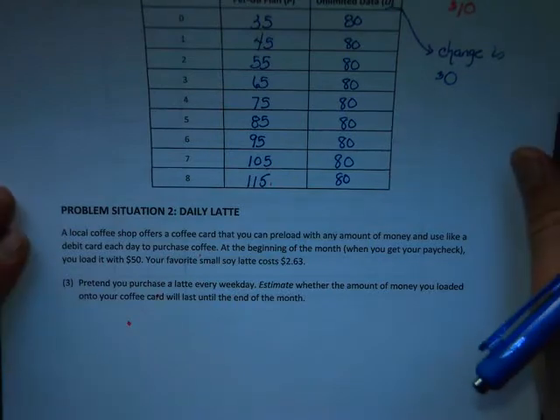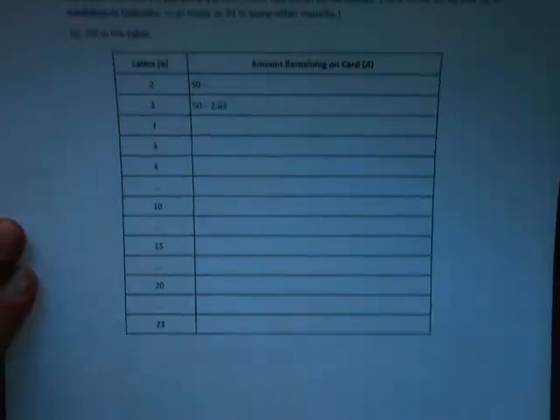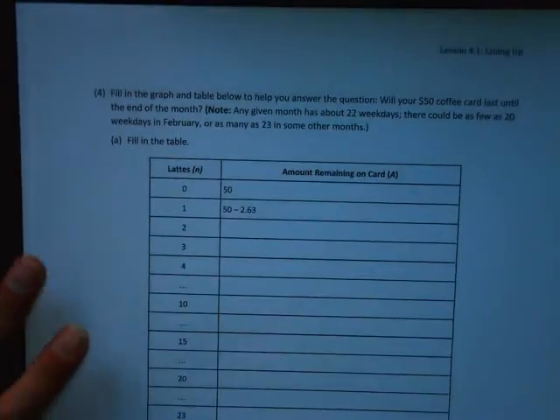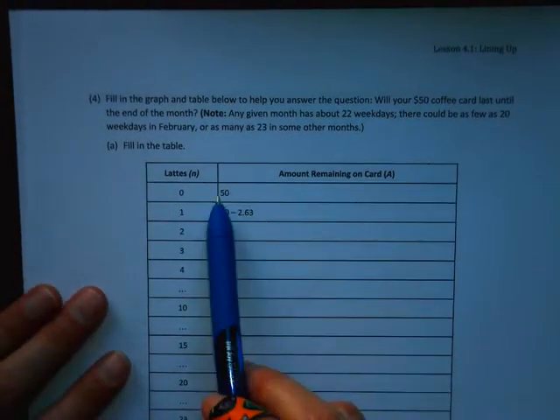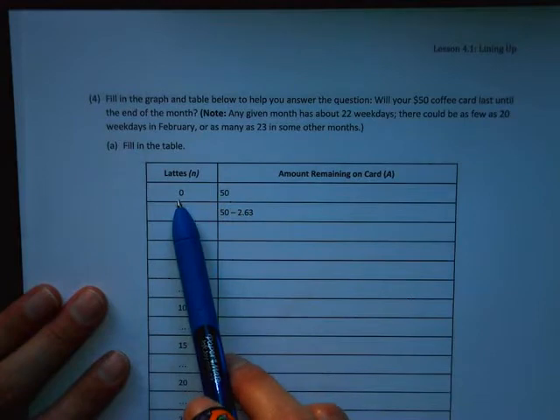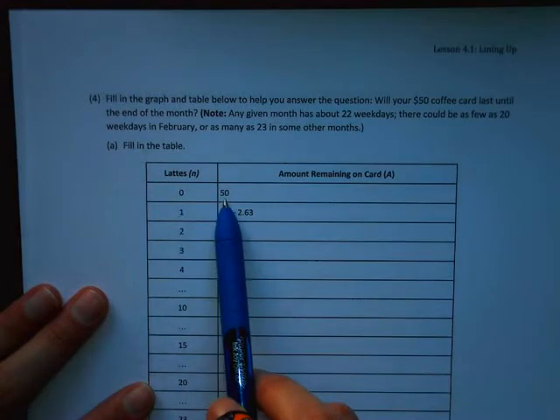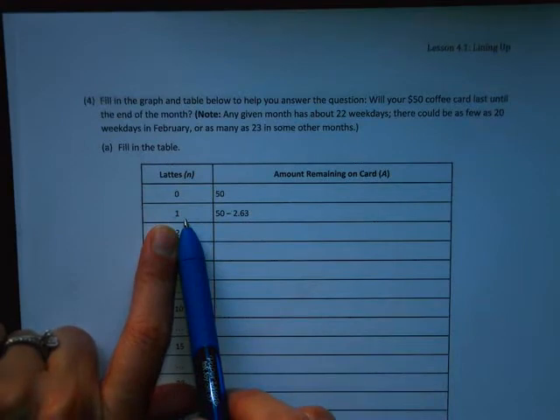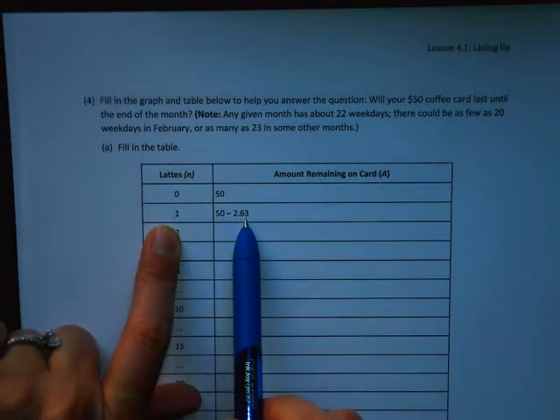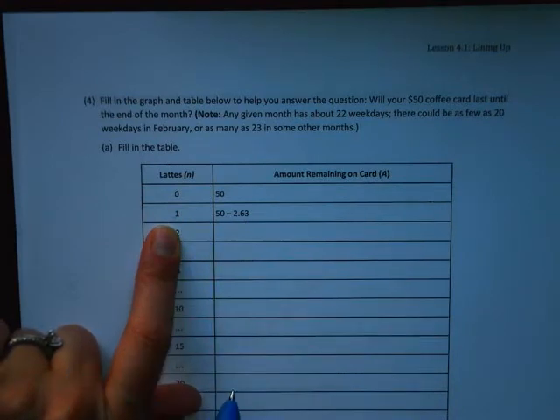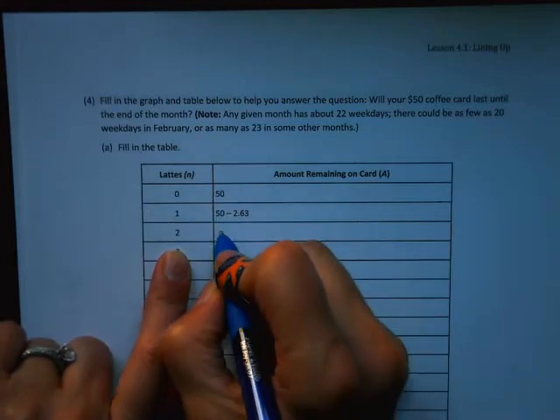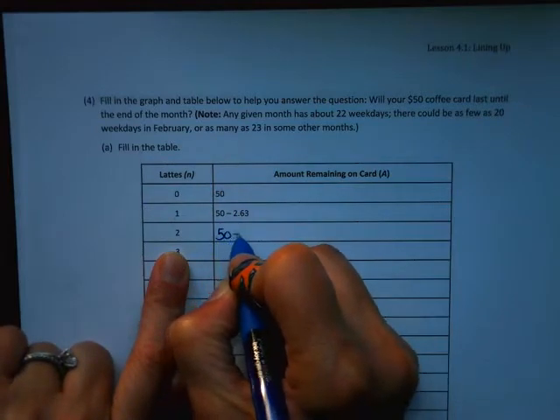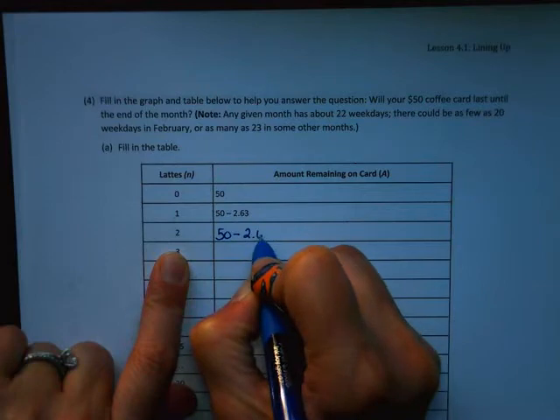Okay? So I'm on the next page. Here's a little chart. So if I don't buy a latte yet, I have $50 on my card. So on Monday, when I buy my first latte, I subtract $2.63. On Tuesday, I'm going to purchase 2 lattes. So I'm going to subtract 2 of these.